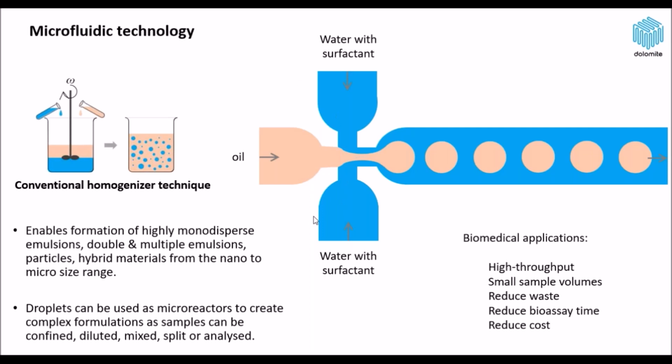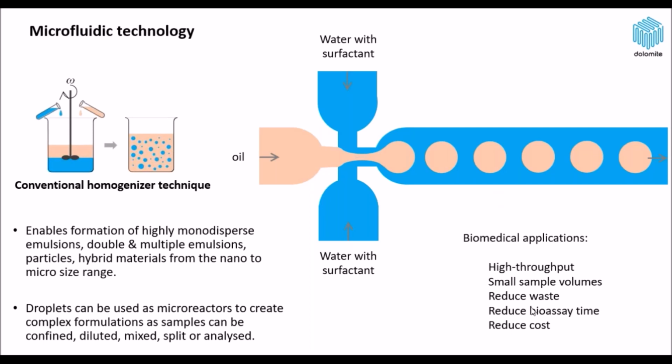When you move on to using something like a microfluidic device to produce these droplets, you can immediately see that the end product is much better in the sense that the droplets are precisely controlled. You can use less reagents to process your sample. You have higher throughput, and there's basically reduced cost.